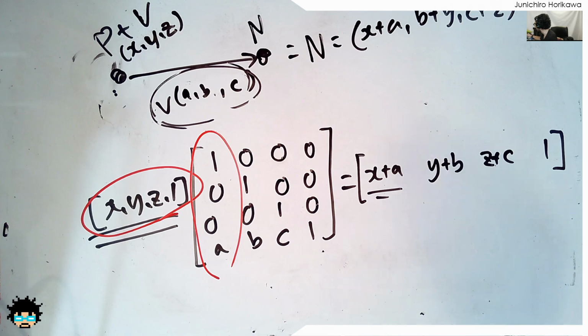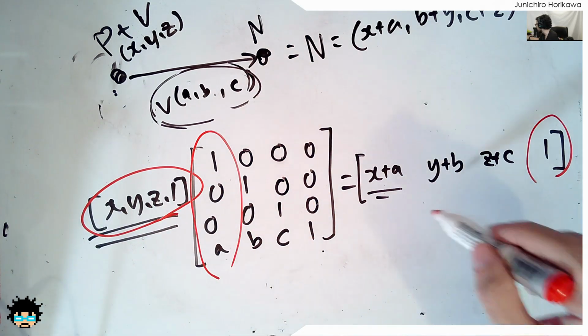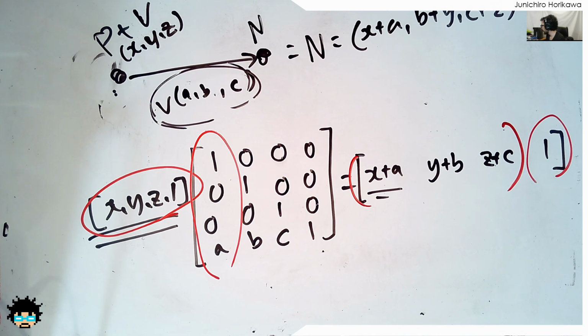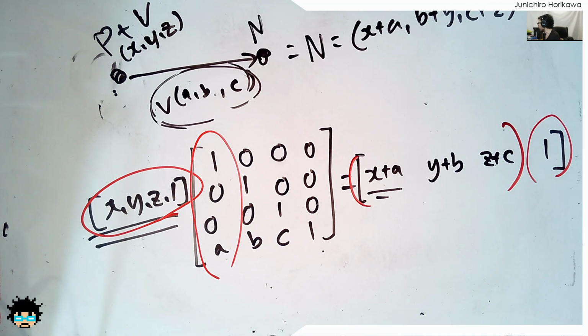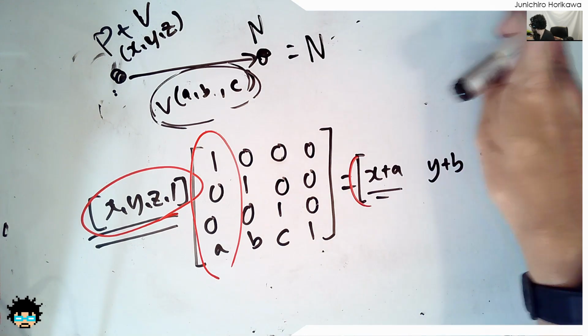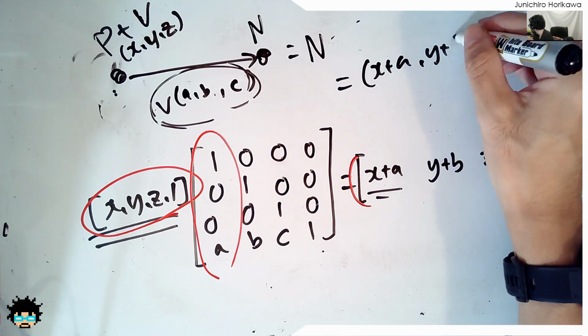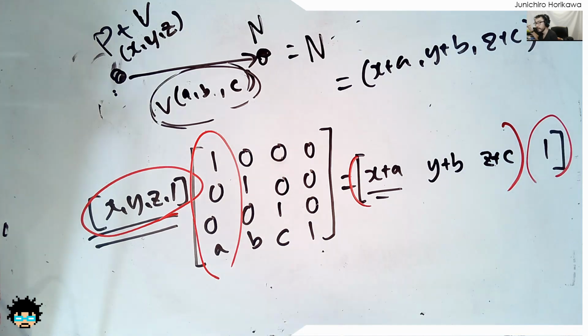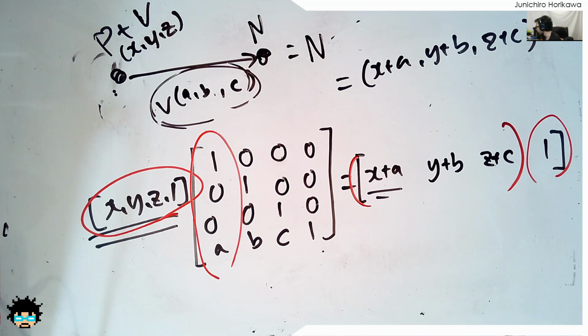And you can ignore the last value, and if you do the multiplication between a 3 by 4 by 4 matrix in Houdini, you get a 3 by 3 result. So if you compare those two vectors together, it actually looks just the same: X plus A, Y plus B, Z plus C. So it's the same value you get.